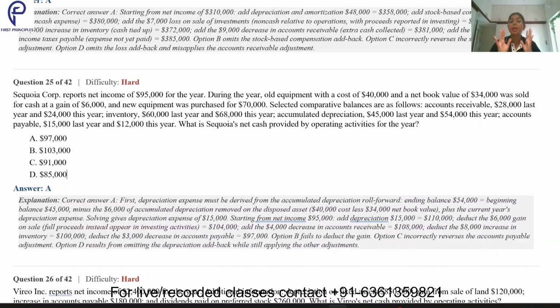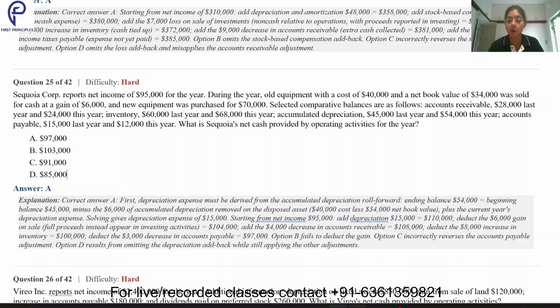Okay. One important thing, guys, this is one of the most important questions of this particular question bank of all the 42 questions. This is an exam level question and there is a very high probability that you can get somewhat similar kind of questions in your exam. Why? Because this is related to calculation of net cash flow from operating activities using the indirect method.